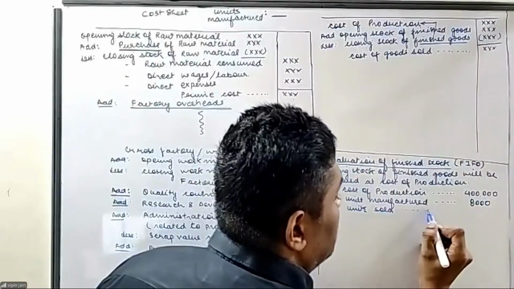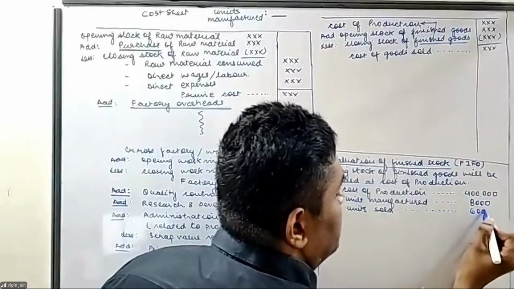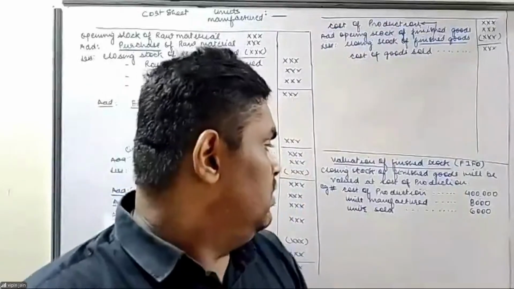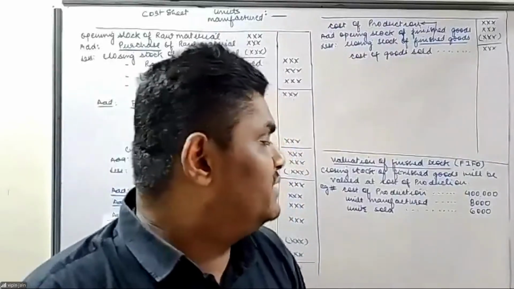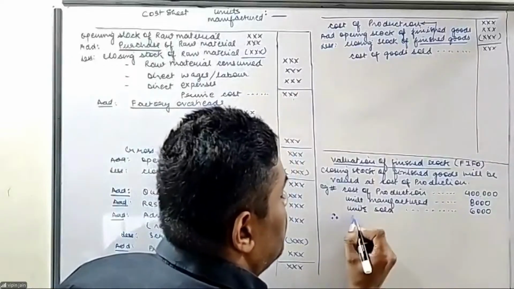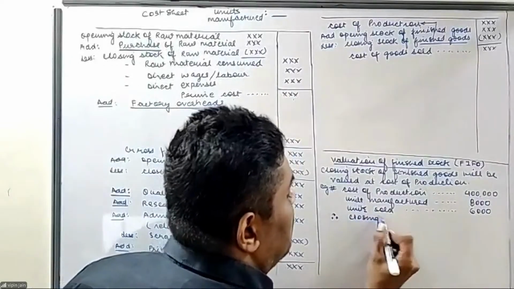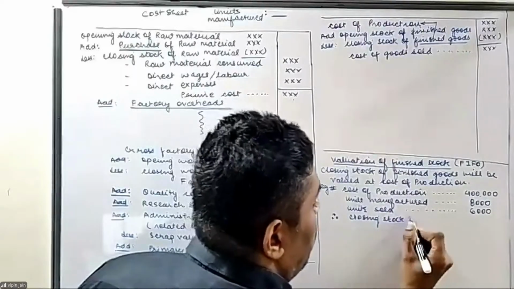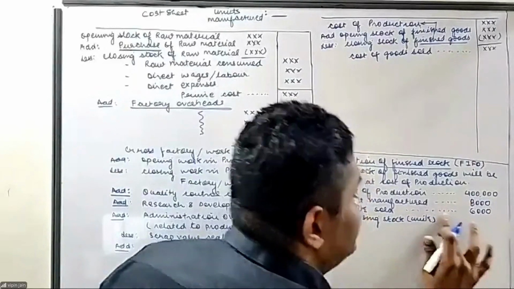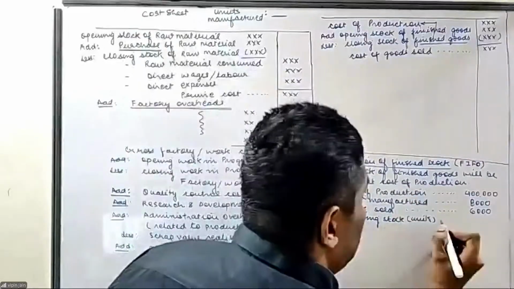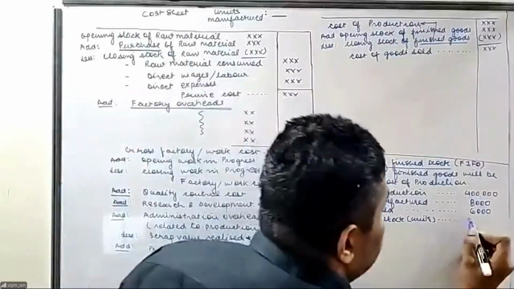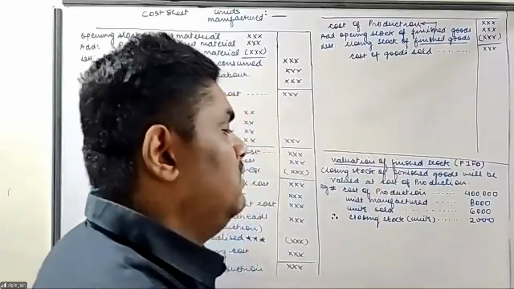Units sold are 6,000. So therefore, closing stock will be how much? Out of 8,000 units manufactured, 6,000 units are sold, assuming opening stock is not given. So it means 2,000 units are still in stock.